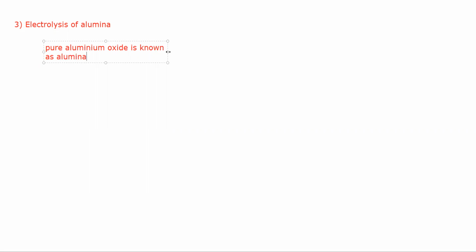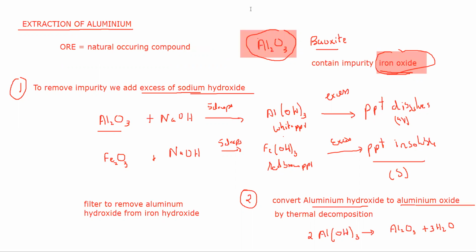So the pure aluminium oxide is known as alumina, which we obtain in the second step. You can see in the second step, when we supply heat energy to aluminium hydroxide, it decomposes into aluminium oxide and steam or water vapors which are released. So this pure aluminium oxide is known as alumina.